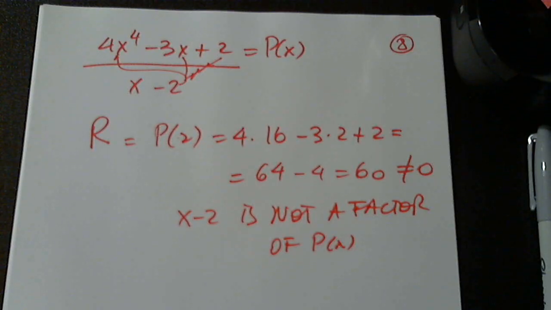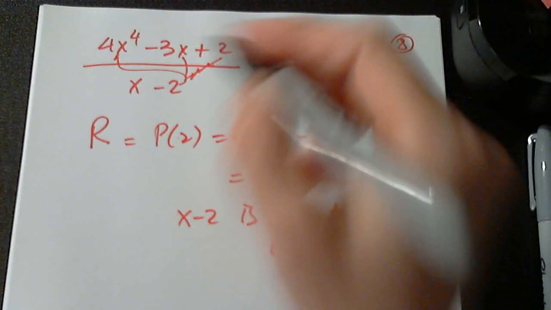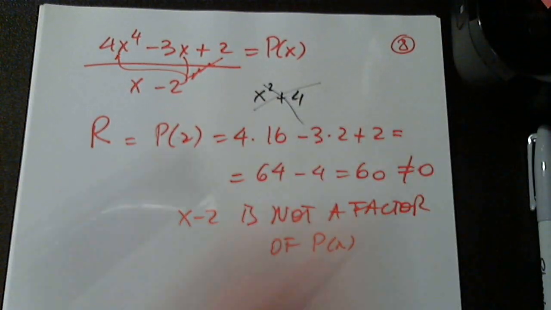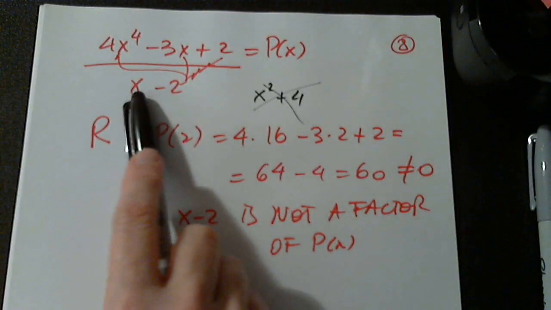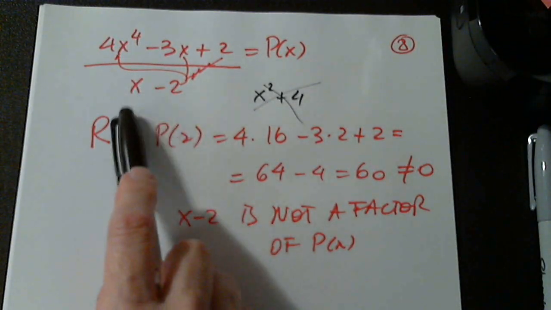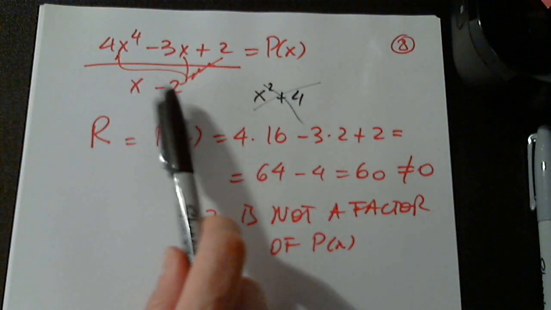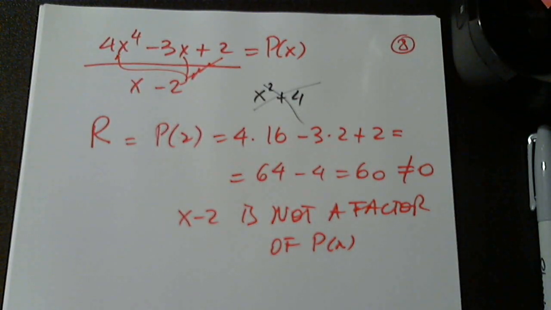Now, if the denominator is x squared plus 4, you cannot use these two theorems. The denominator has to be x plus 5 or x minus 3 or x minus 2 or x plus 1. It has to be a linear factor. Good? Anything else?